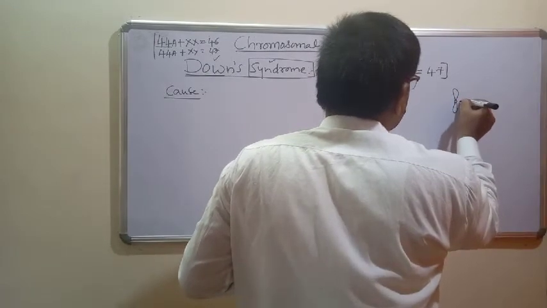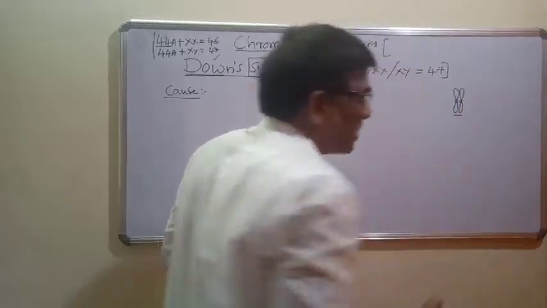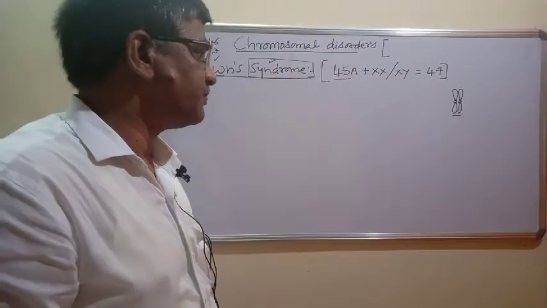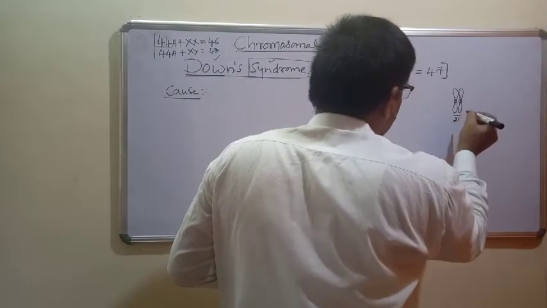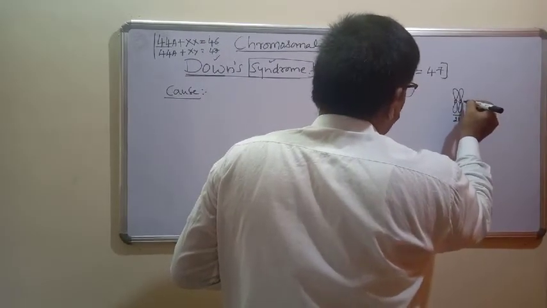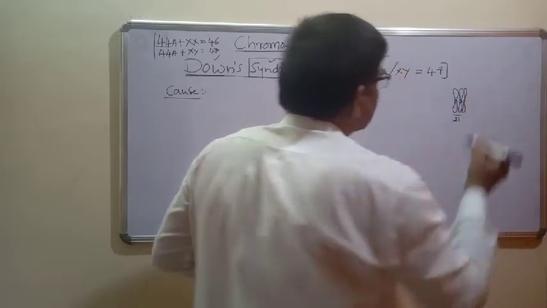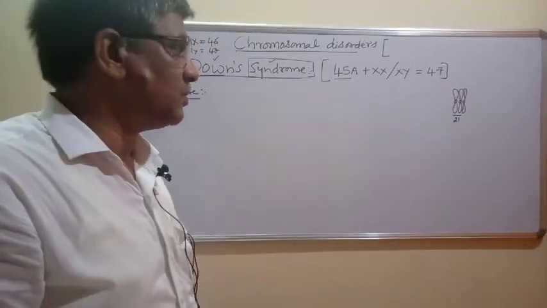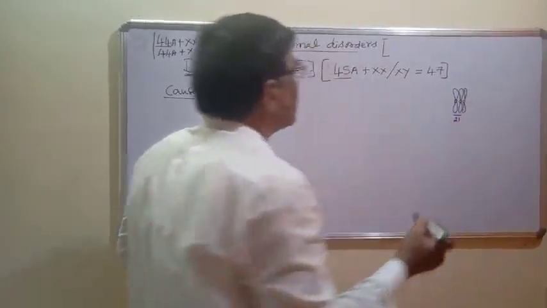In a diploid organism, chromosomes are present in pairs, and these pairs of chromosomes are called homologous chromosomes. Now, this is normal. Suppose in the 21st set, instead of 2 chromosomes, 3 chromosomes are present, then this is nothing but a trisomy. Why is there an increase in the number of one particular chromosome?